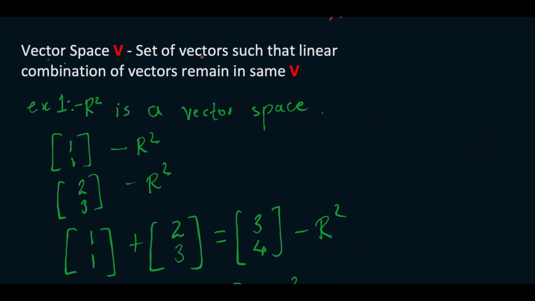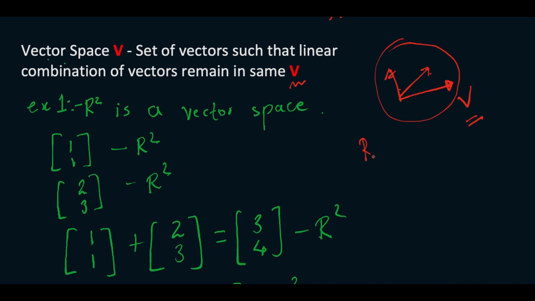It is a set of vectors, that is a bunch of vectors, which we also know as space, such that linear combinations of vectors remain in the same vector space V. That is, if you consider two vectors, the linear combination of these two vectors should also be in the same space, and we call this space the vector space V. All the vectors such that their linear combinations are also in the same space will be known as the vector space. Now our R square is a vector space.